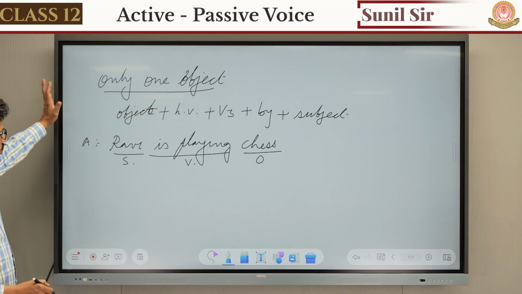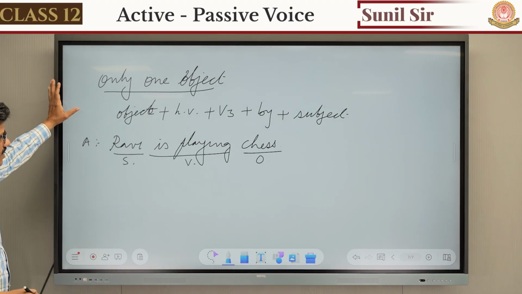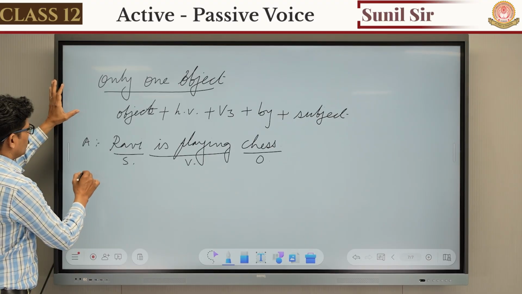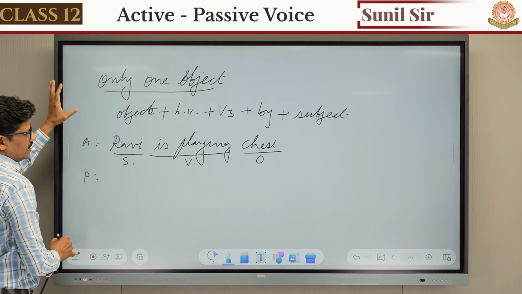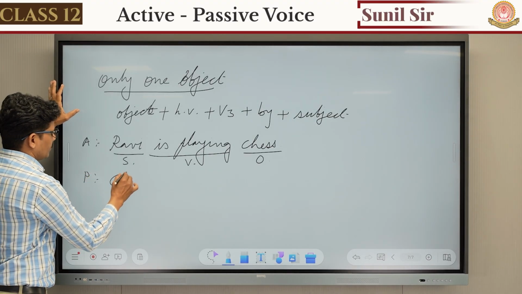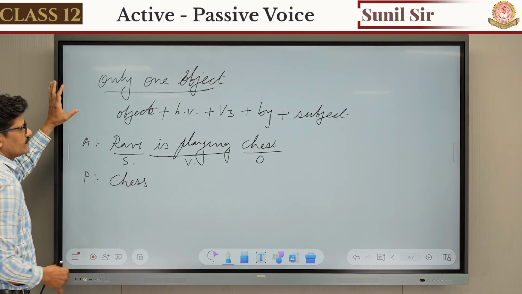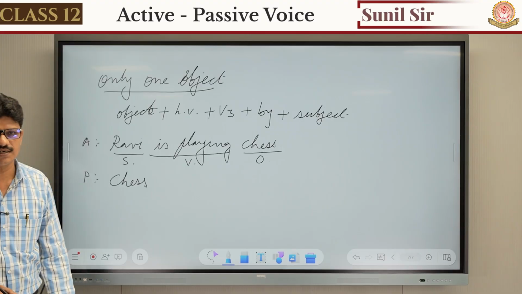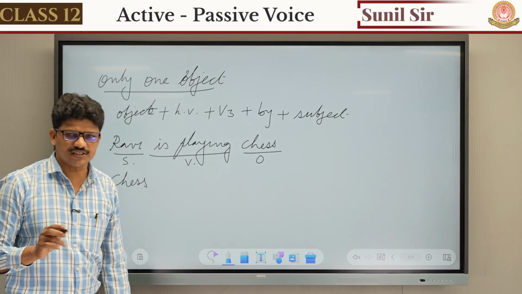Then we have to put this sentence according to the formula. First it wants object, so in passive voice, chess is the object, so chess will come first, chess. Now which tense is this? Ravi is playing chess, it is present continuous tense.